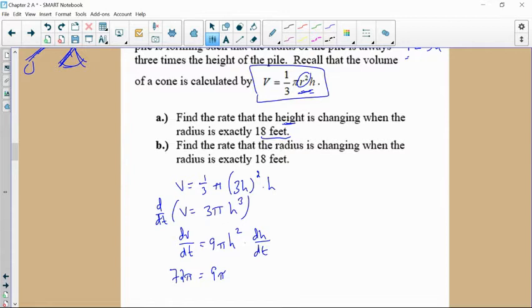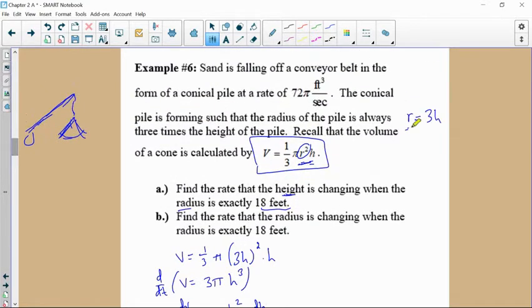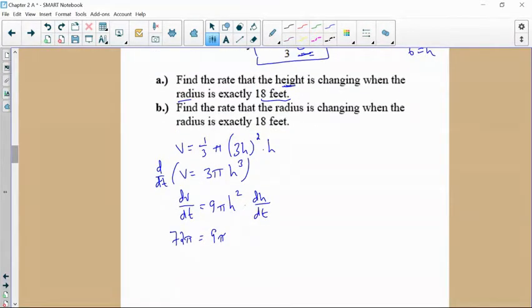It says when the radius is 18 feet, but that's okay because we have this relationship that the radius is equal to 3 heights. So that means the height would have been 6. So then I have 6 squared here, and then dh/dt is the rate that the height is changing, and that's what we're looking for.